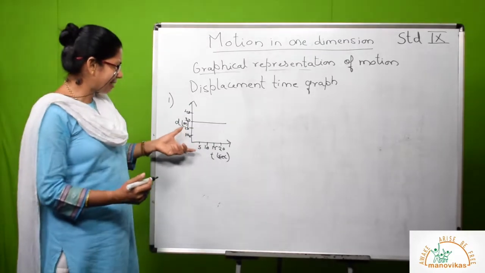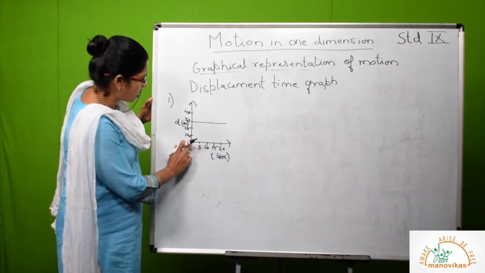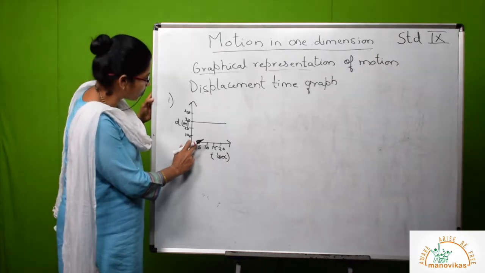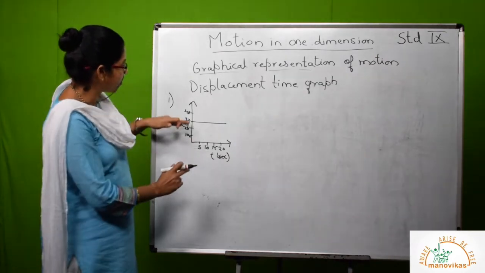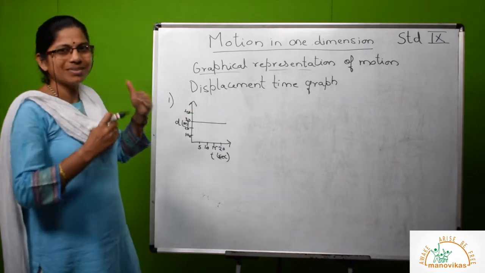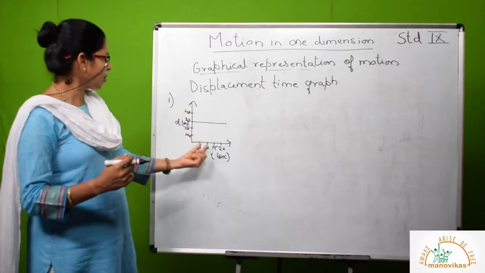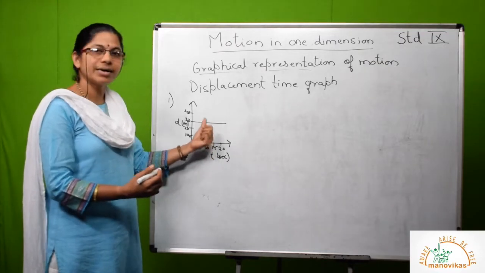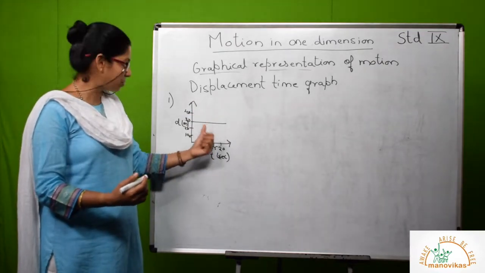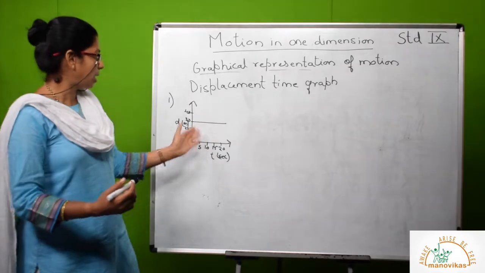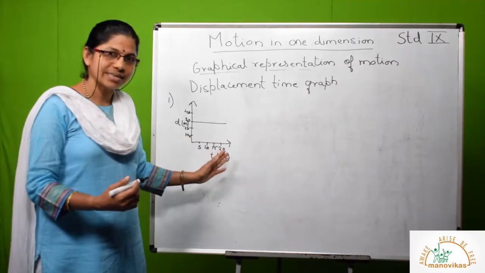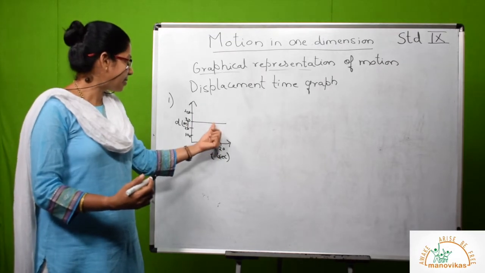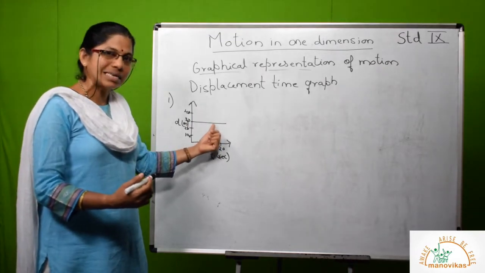If you look at this graph, after 5 seconds the object is at a distance of 30 meters from the starting line. After 10 seconds, the object is still at a distance of 30 meters. After 15 seconds, again the object is at a distance of 30 meters.